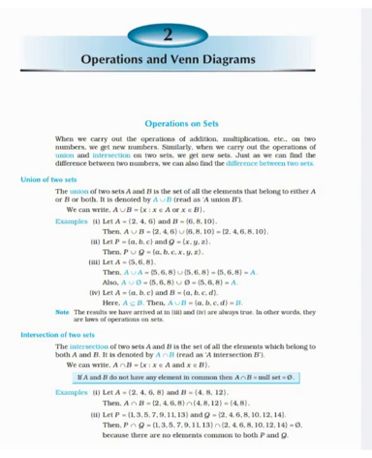First of all, you will see the union of two sets. The union of two sets A and B is the set of all the elements that belong to either A or B or both.